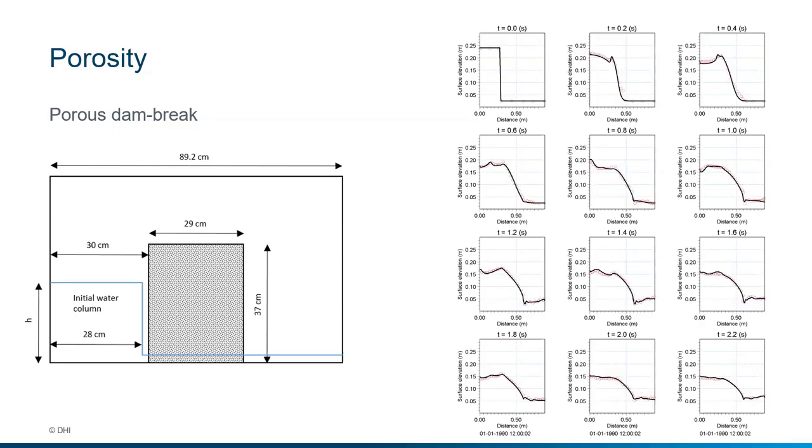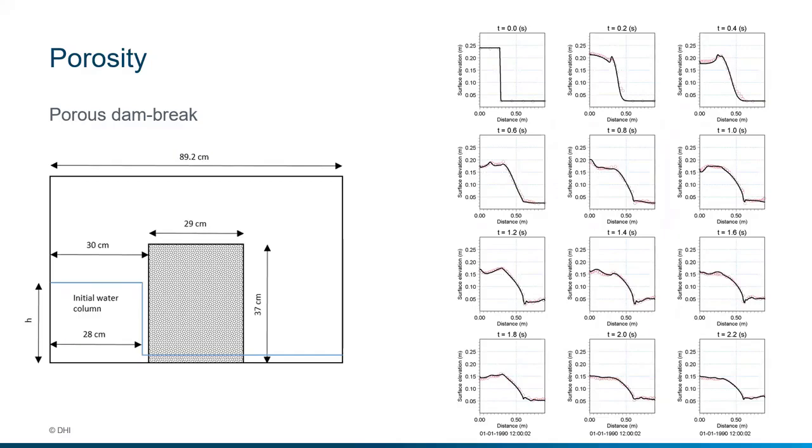Then we see, as we remove this, the water slowly running through the media, and we see that the surface elevation, or the head loss between the two positions, is leveling out, and after 2.2 seconds we have some steady flow throughout the porous media.